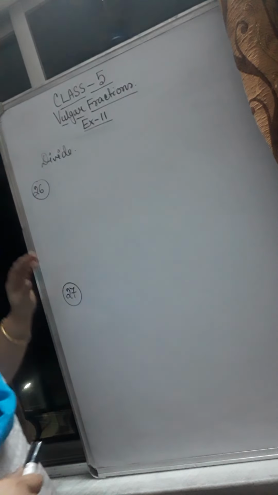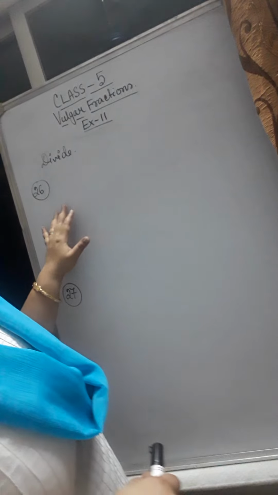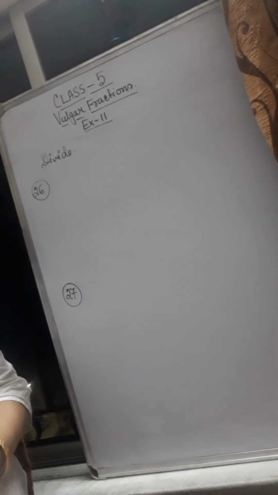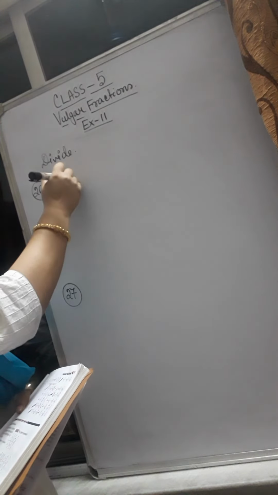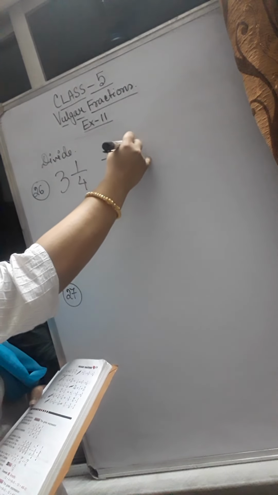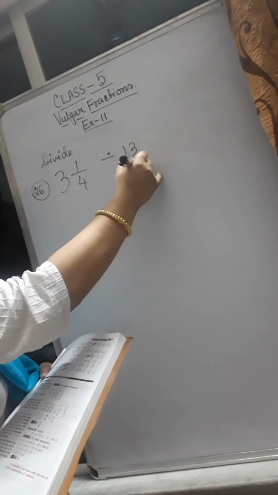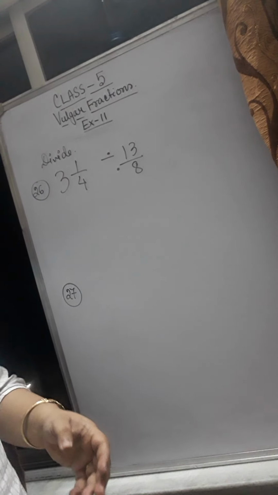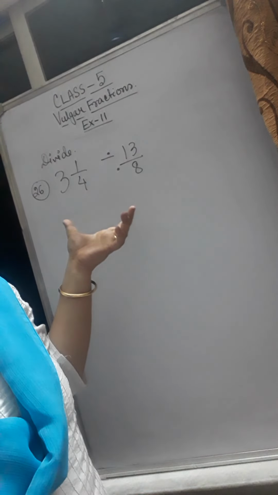Now we will start with division. Exercise 11, the division sums are sum number 26 onwards. The first sum, that is sum number 26, is 3 1 by 4 divided by 13 by 8. So you need to divide this number.